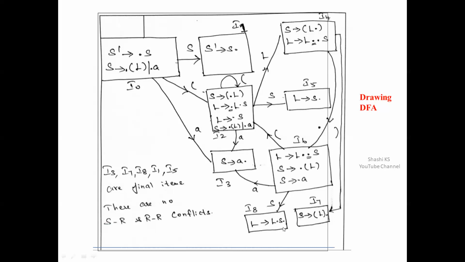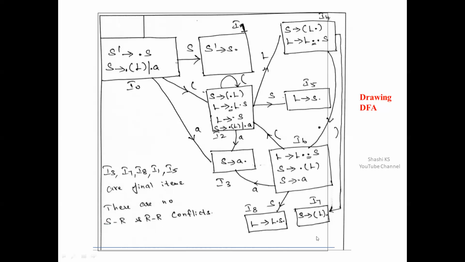Here I1, I3, I5, I7 and I8. I7 corresponds to the production S derives L, and I8 corresponds to the production L derives L dot S. So for all the productions, the corresponding final item states are represented by I1, I3, I5, I7 and I8.